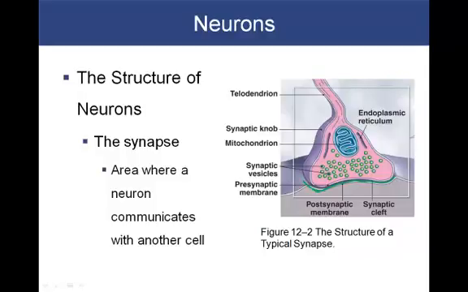The second cell can be a neuron, it can be a muscle fiber, it can be a gland cell, but this is where communication happens. And again, the neuron does not directly connect to these other cells, but there's always this synaptic cleft, this space left between.